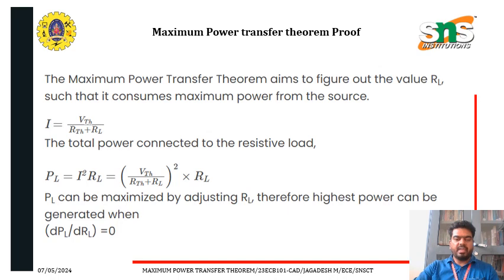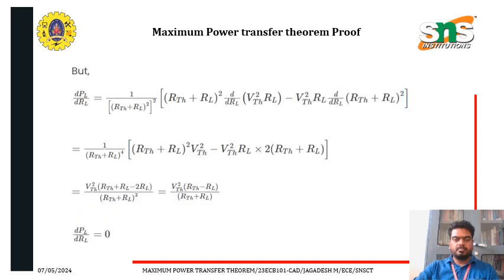Therefore, the highest power can be generated when dPL by dRL is equal to 0. That means a change in the load resistance gives a change in power. Here dPL by dRL equals 1 by RTH plus RL whole square into whole square.